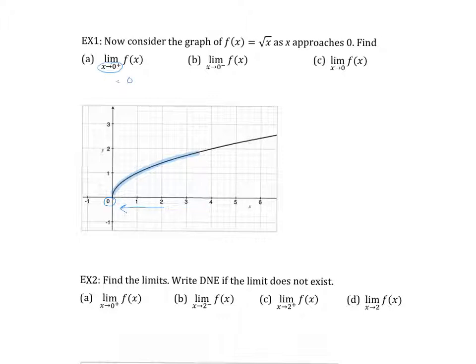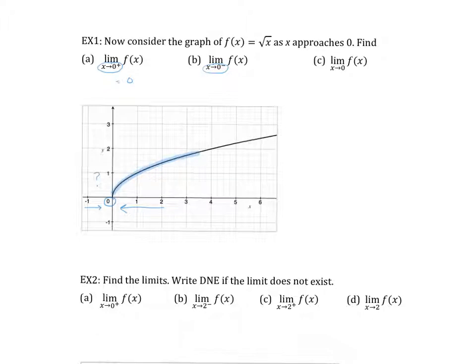In part B, we're looking at the limit as x approaches 0 from the left. The problem is, as we come in from the left and our x values get closer and closer to 0 from the left, we have no graph. There's nothing here. So since there is no graph, we cannot come in from the left.